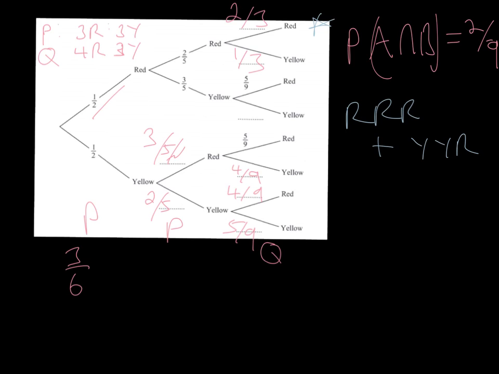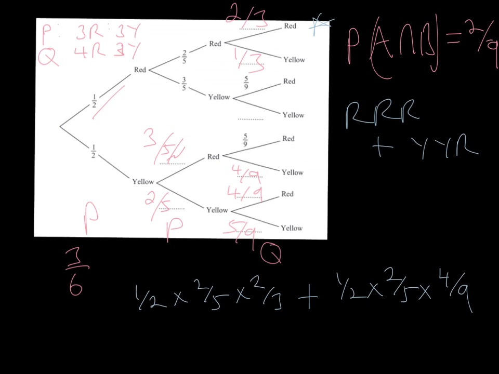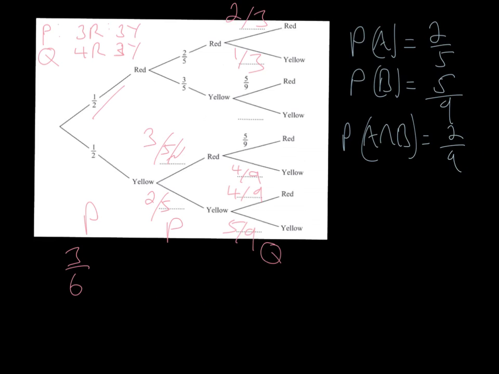So the probability for that is going to be a half times 2/5 times 2/3, and to that I'm going to add a half times 2/5 times 4/9, and if I do that, that will yield the answer of 2/9.